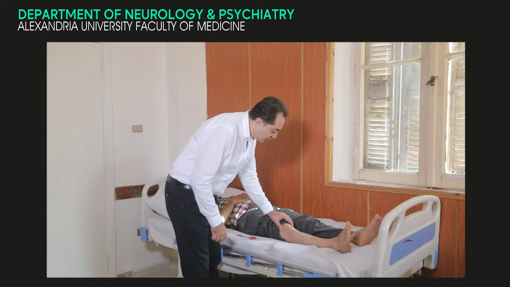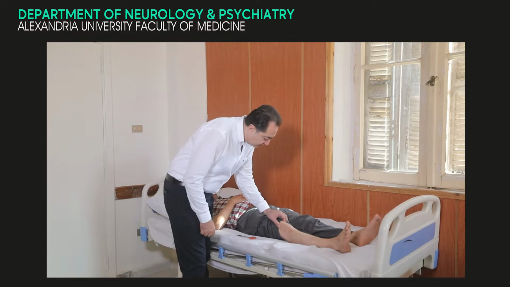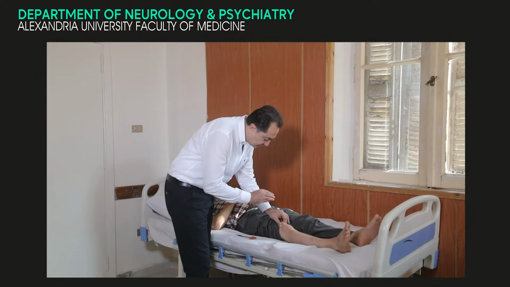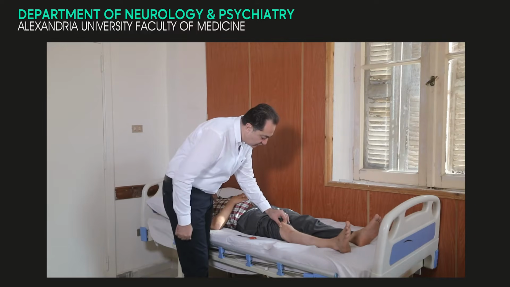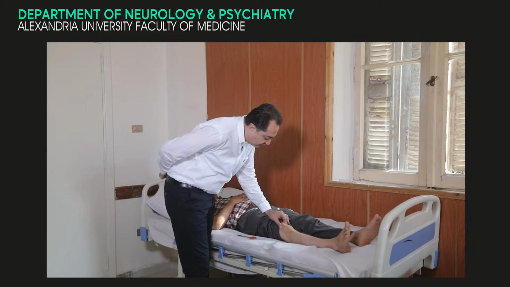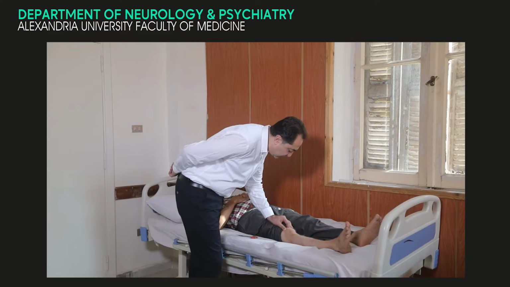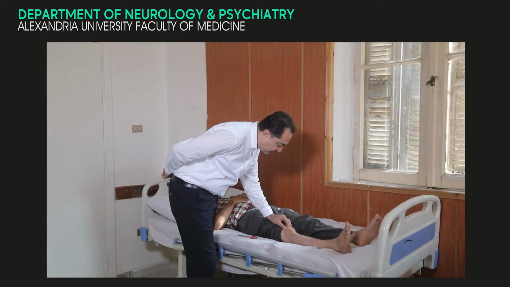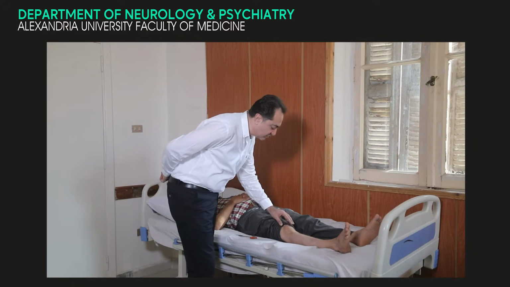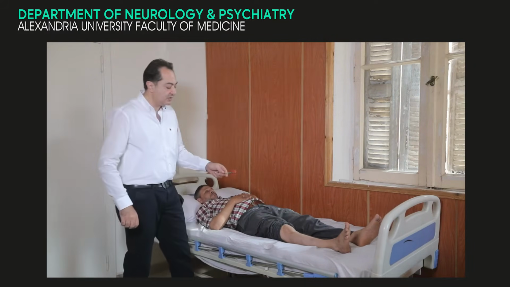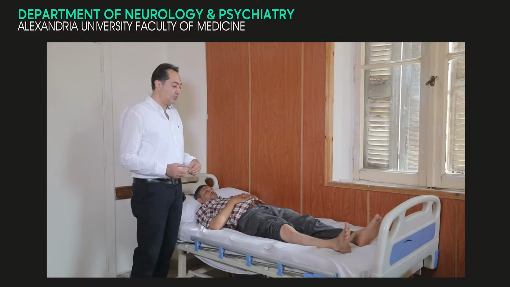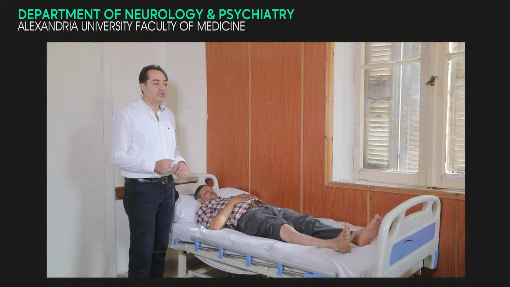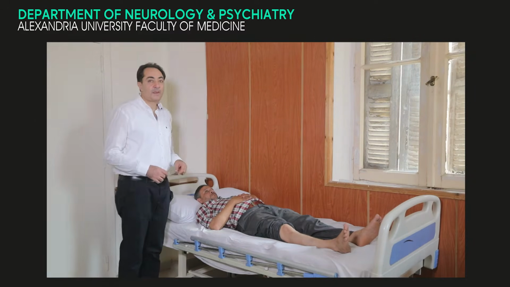So we push the skin backward like that, and try to catch the end of the quadriceps muscle and do sudden sustained extension of this muscle. If the patient has movement like that, it's called patellar clonus positive, and it is 4+. So these are the deep reflexes.